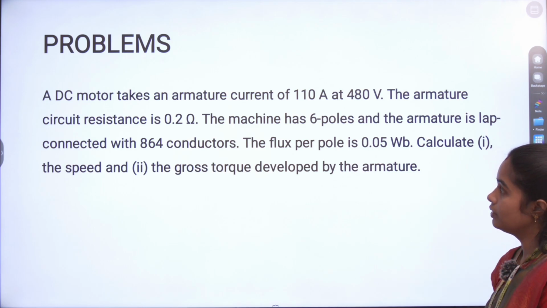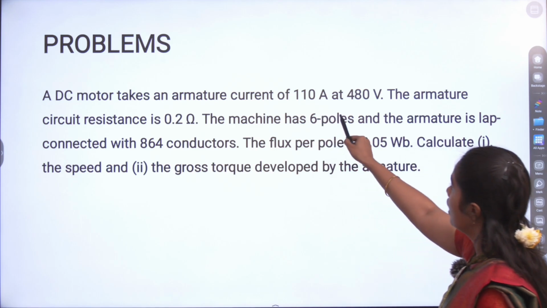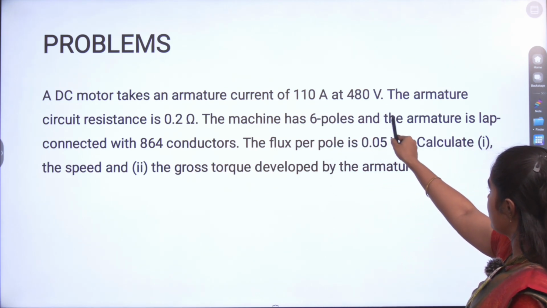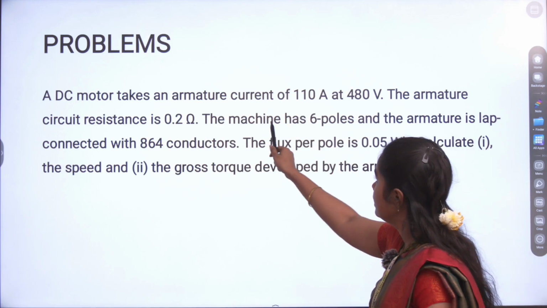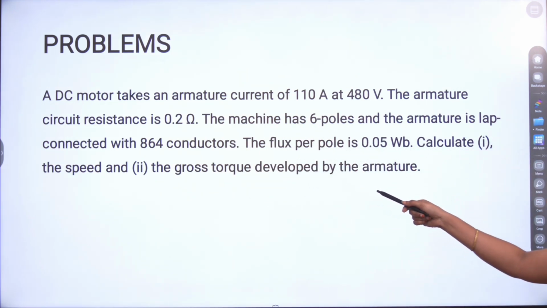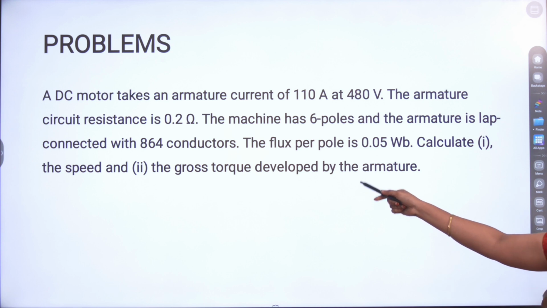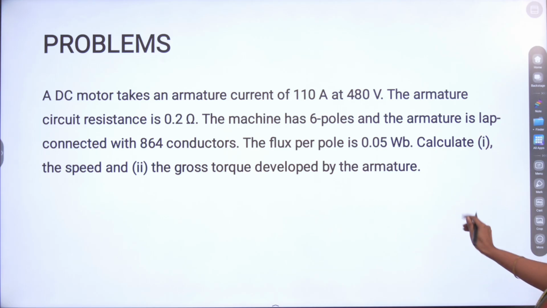And then problem: a DC motor takes an armature current of 110 amps at 480 volt. The armature circuit resistance is 0.2 ohm. The machine is 6 poles and the armature is lap connected with 864 conductors. The flux per pole is 0.05. Calculate the speed and gross torque.